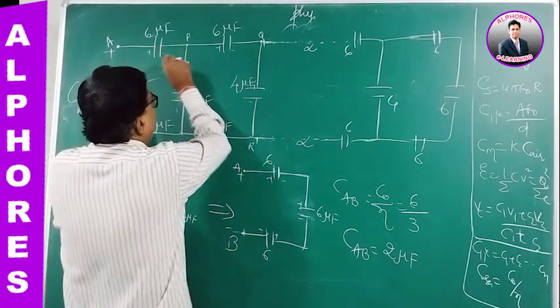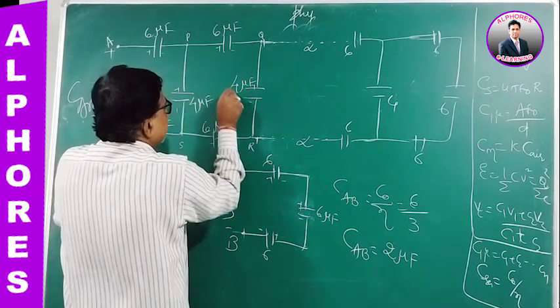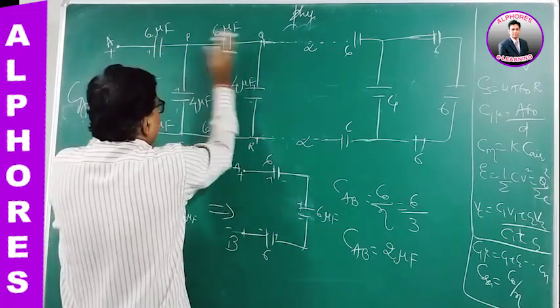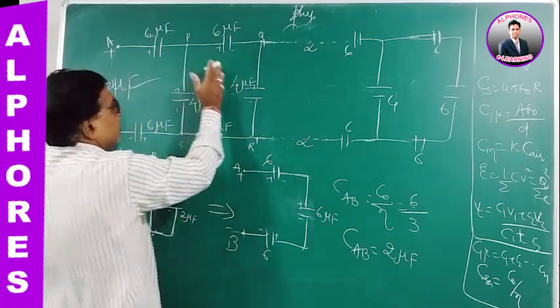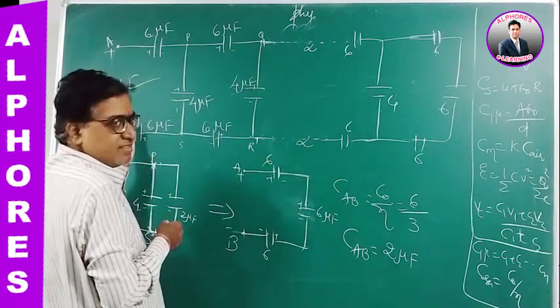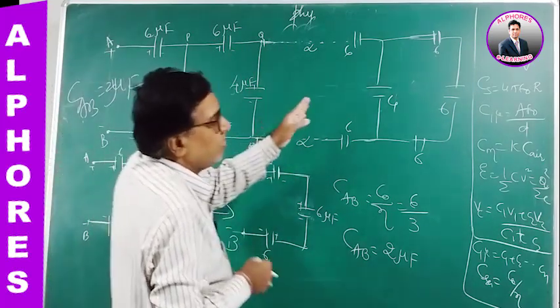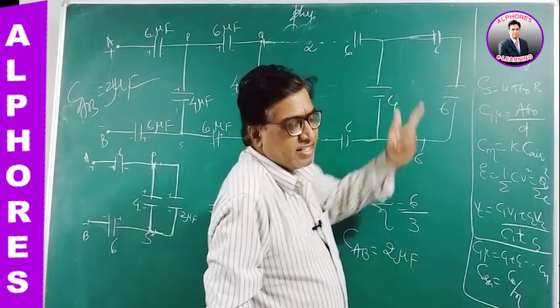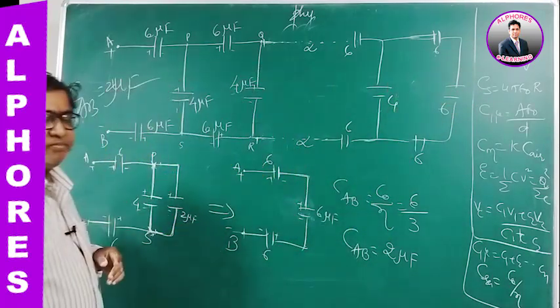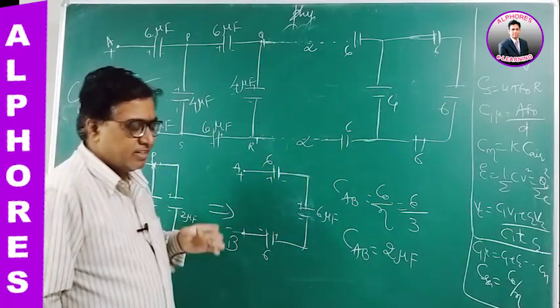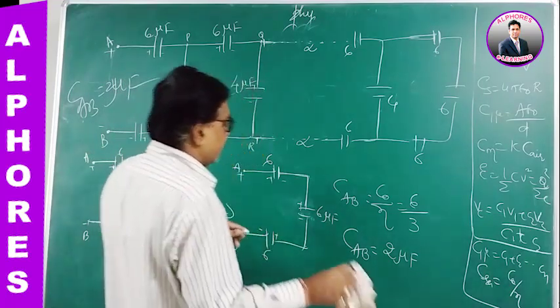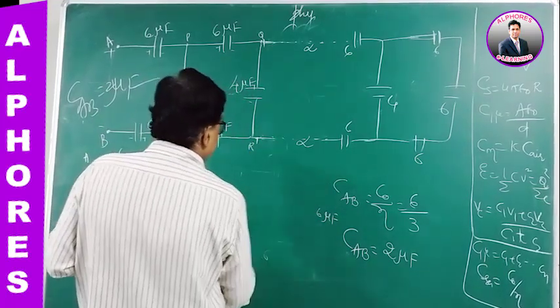If there are 2 elements, here itself is 4 but this is 6, then also 2. With 3, we have done the problem earlier, the answer is 2. Even if they are infinite, the result is again the same. A very beautiful problem, right? You can generalize a problem like this for all such infinite ladders.